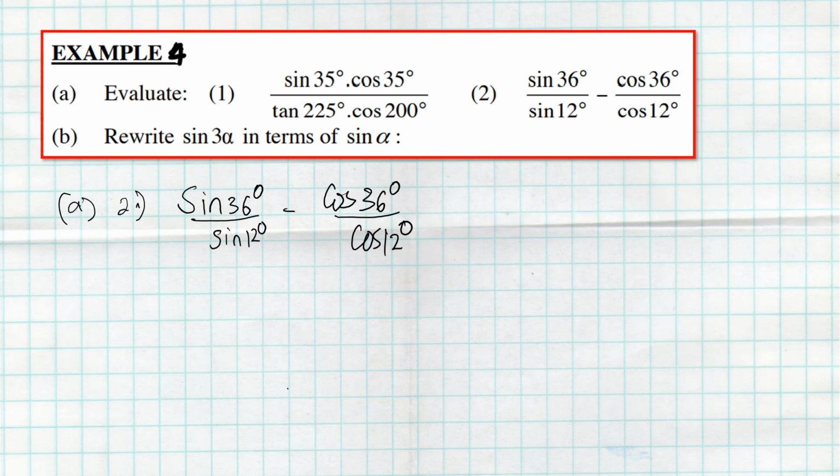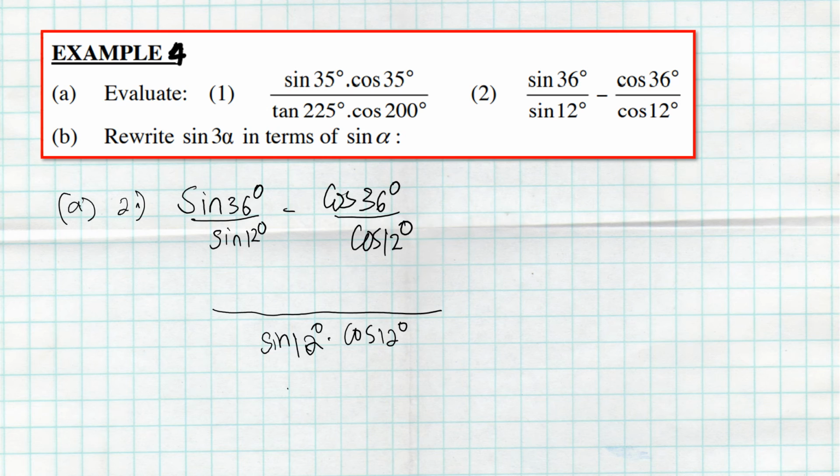You have to evaluate this one. In other words, you have to simplify. I can start by taking my lowest common denominator to be sine 12 degrees and cos 12 degrees.